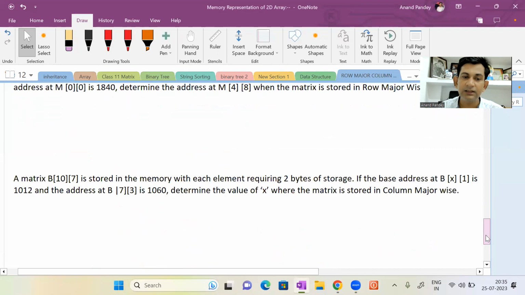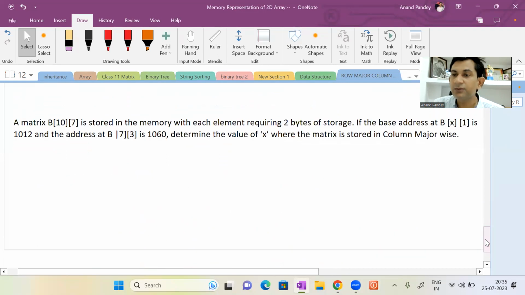Now in this question, LR, UR, LC, UC are not given. Here the matrix is given, the 2D array is given in this form. It is not in LR, UR, LC, UC form. This is the first difference I'm going to tell you.